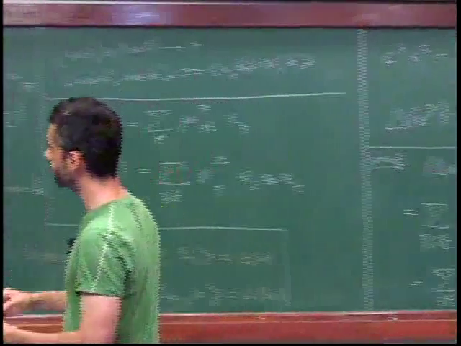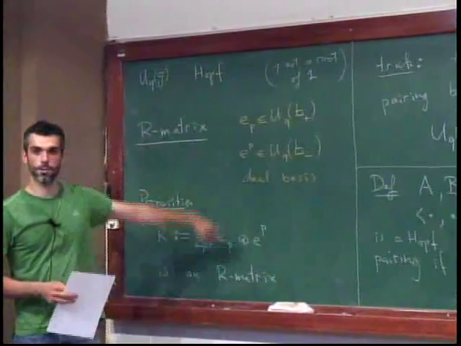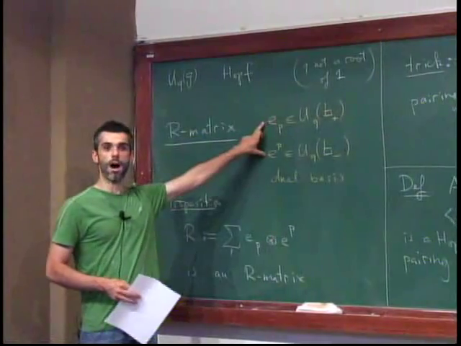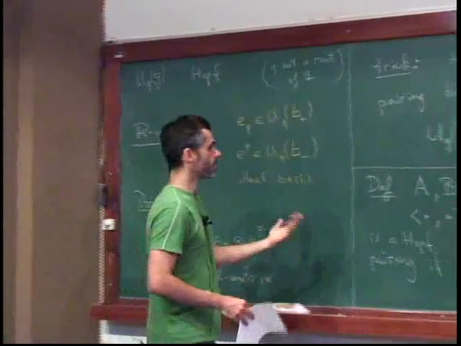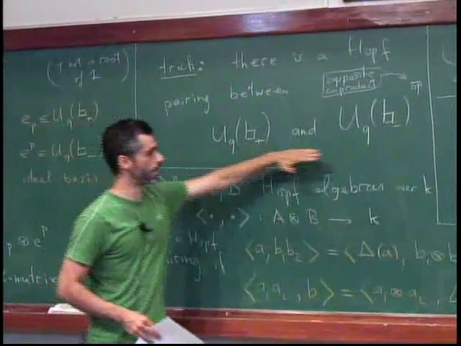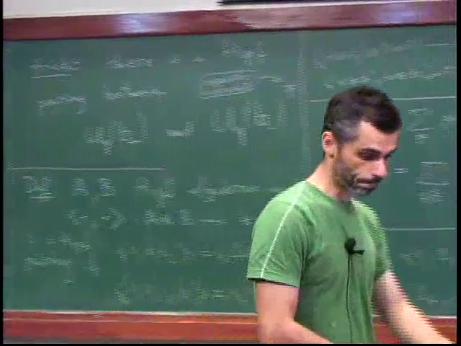Okay, so as I said, there's issues in making that construction work because these two algebras are infinite dimensional. But before thinking about those issues, let's just write down the pairing between these two things. And then at least we know what we're talking about.